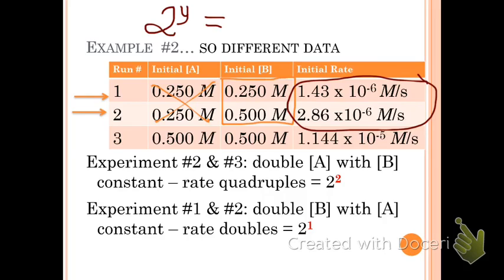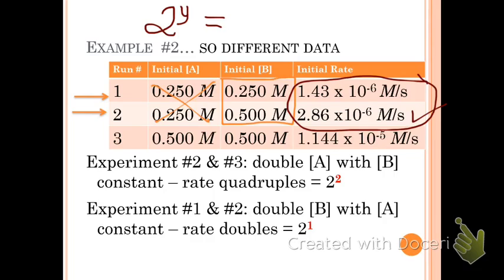and when we look at the rate of the reaction, in experiment 1, the rate is 1.43 e to the negative 6. In experiment 2, the rate is 2.86 e to the negative 6. Of these two rates, the 2.86 e to the negative 6 is the faster of the two. Why?